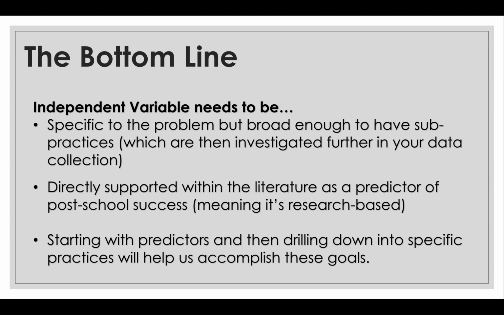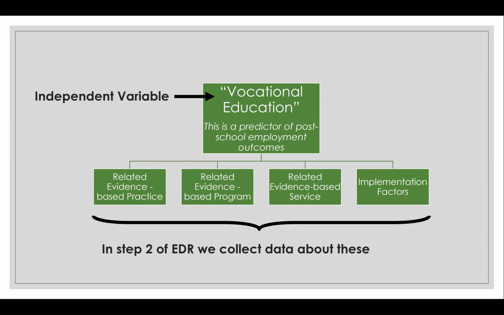And then, as we saw on that previous slide, you'll dig down this semester into the subparts of those predictor categories and collect data on practices, programs, and services, as well as implementation factors related to that overarching domain of practice, which is related to your problem in practice. So for example, in my problem in practice, I've got an 18 to 21 program.